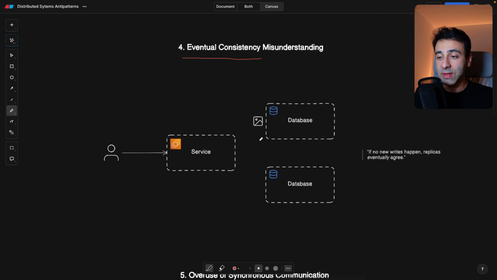So this photo would eventually come here, but your first database would not say that, hey, I have saved this image, unless all the primaries have also acknowledged that they have saved this picture as well. This is the main difference. And if you opt in for event-driven architecture, you should be aware that your system is mostly eventually consistent.